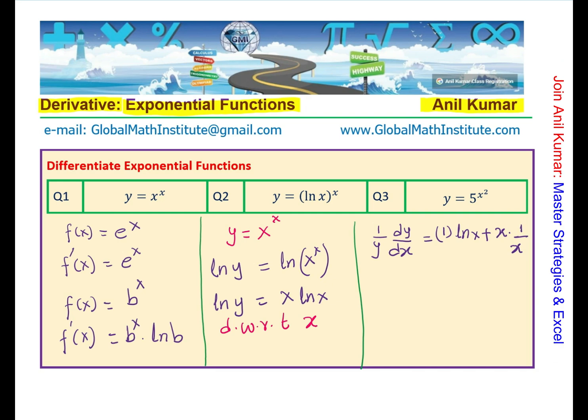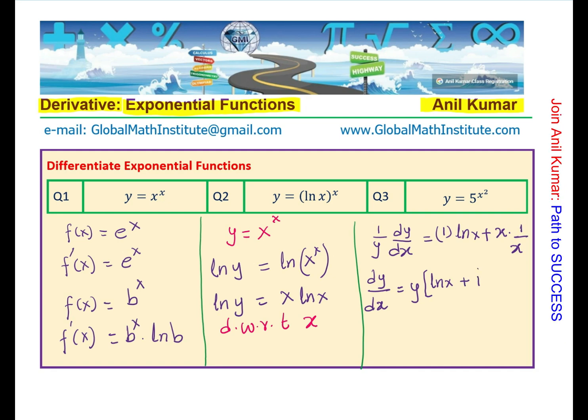So that gives us dy dx equals, we'll multiply by y. What we have here in the bracket is ln x plus x and x cancel, so ln x plus 1. Now, in this case, y is x to the power of x, and therefore we get dy dx as x to the power of x times ln x plus 1.